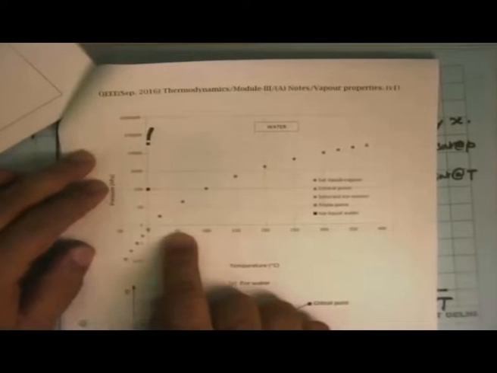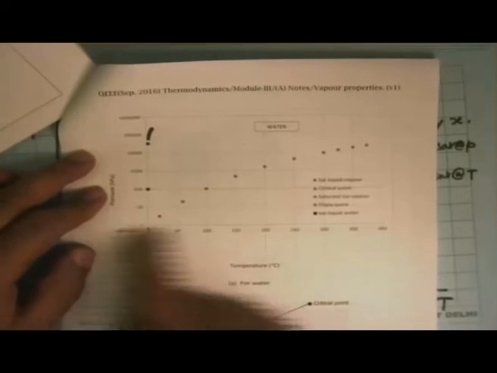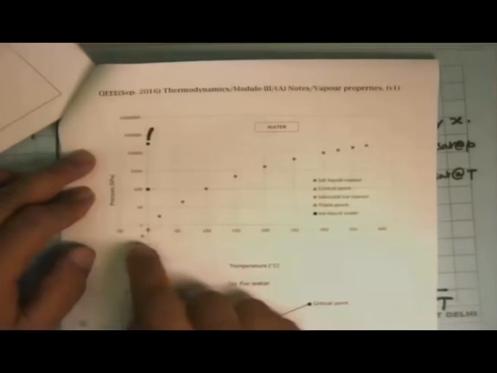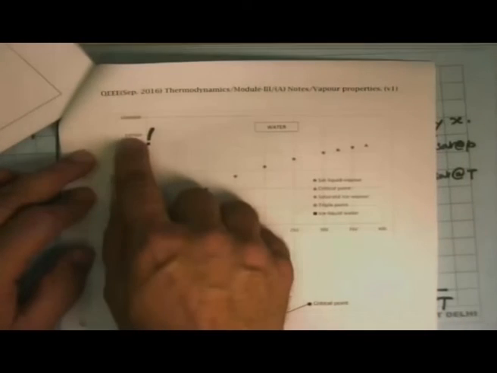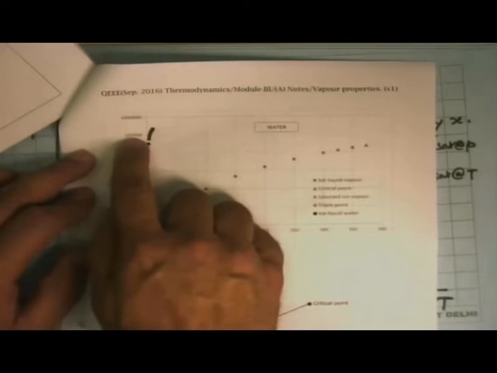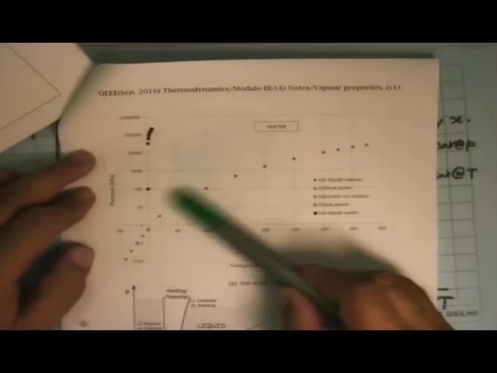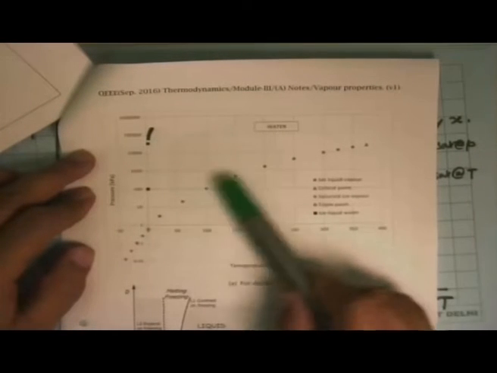So this is the actual plot for water, and you can see the scale here is in degrees Celsius. This side is pressure, logarithmic scale, 0.01 kilopascal to 1 lakh kilopascal. This line, this is the saturated line, liquid vapor line.